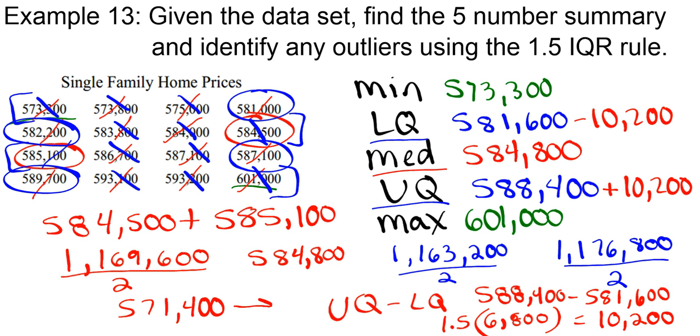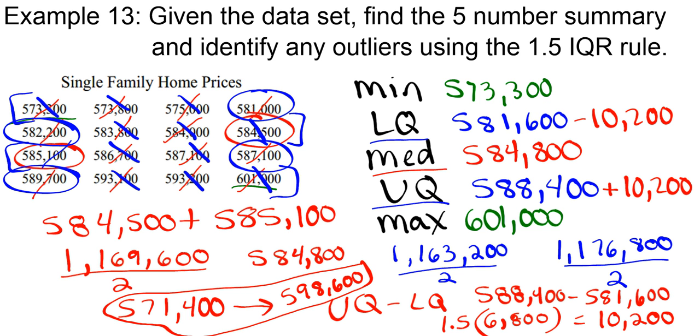And that can go to my biggest number, which is 588,400 plus 10,200. My biggest number I can have is 598,600. That is my range.